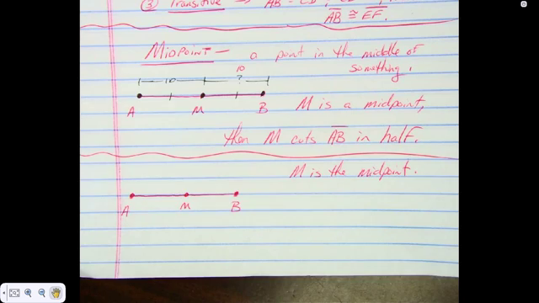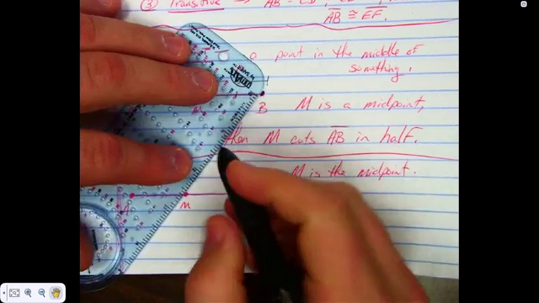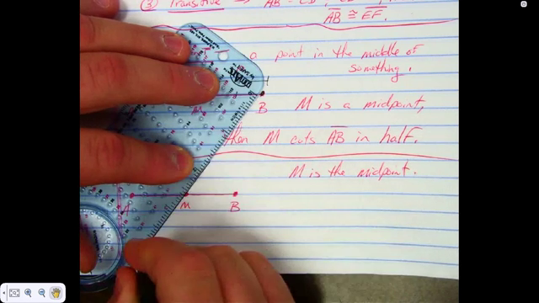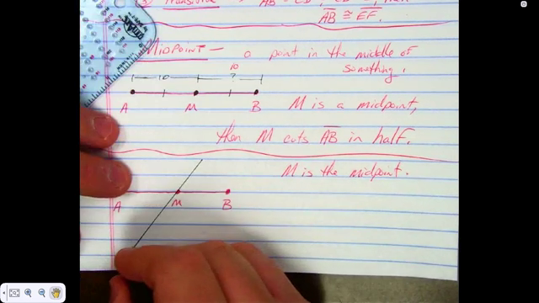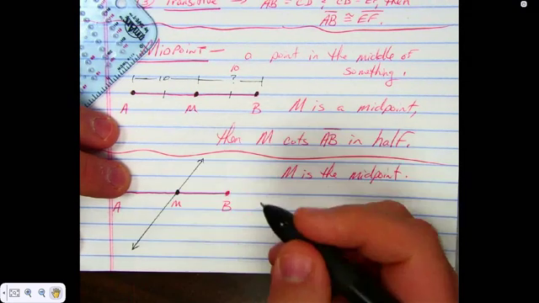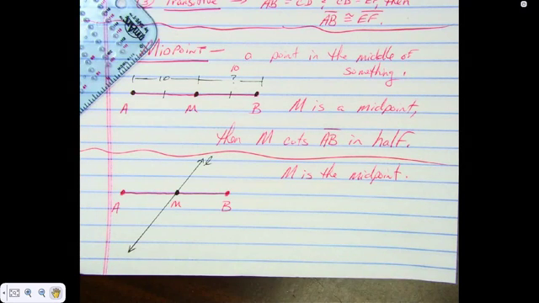What we're going to add to this picture is a line that goes right through M. We'll call it line L.